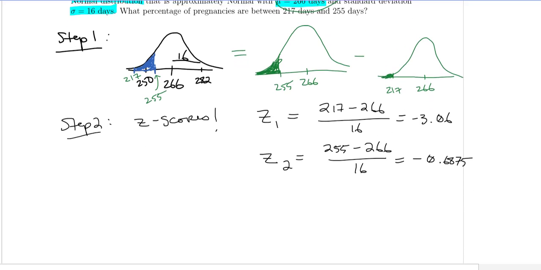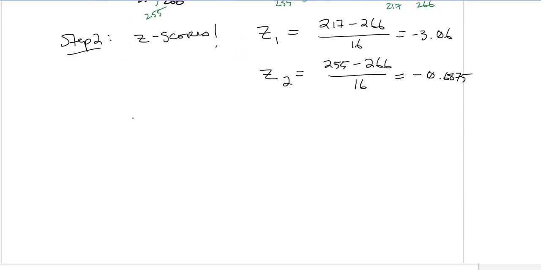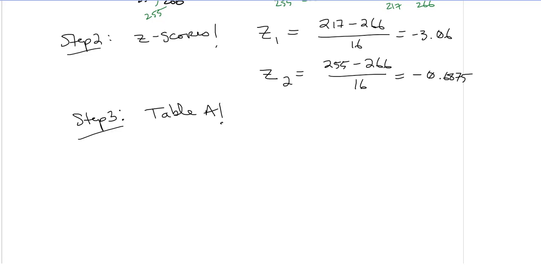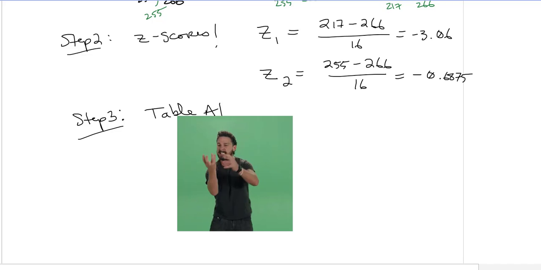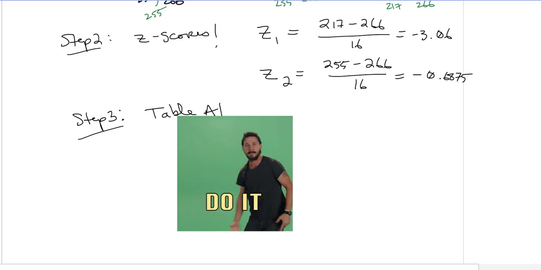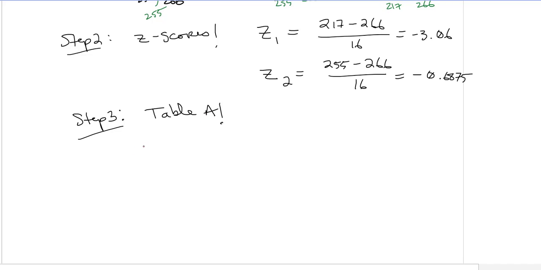We have our two z-scores, and once we have our z-scores, step 3 is we want to use table A. Okay, we talked about how to read table A the other day based off of z-scores, so please make sure that you refresh your memory and double check that you know how to use table A. Otherwise, I'm going to continue assuming that you know how to do so.